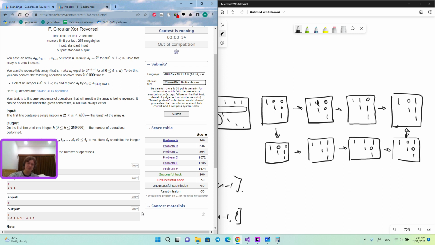It can be shown that under the given constraints, the solution always exists. I'm very interested why it exists. I would like to know the proof.